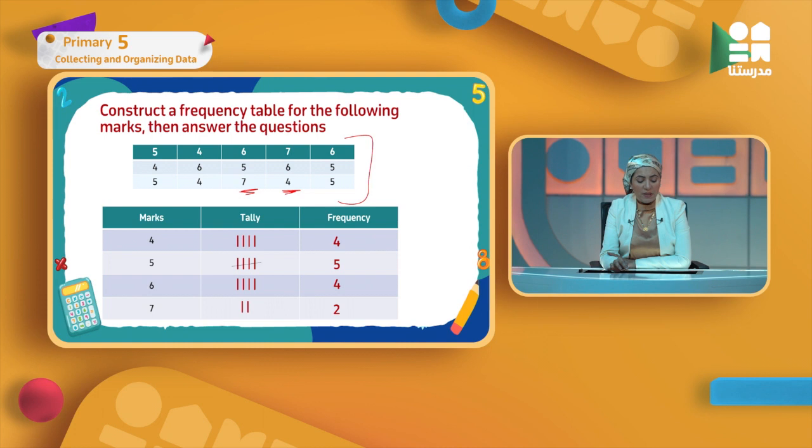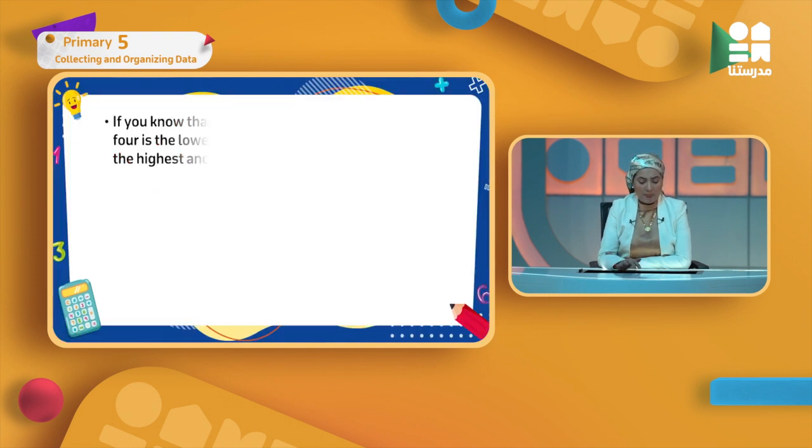So as we can see, the mark 4 took place 4 times, the mark 5 took place 5 times, the mark 6 took place 4 times like the mark 4, and the mark 7 took place 2 times.